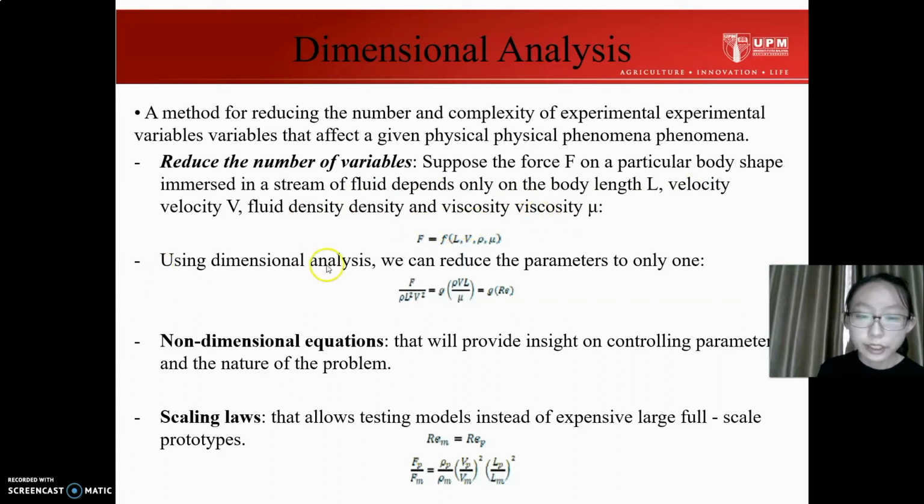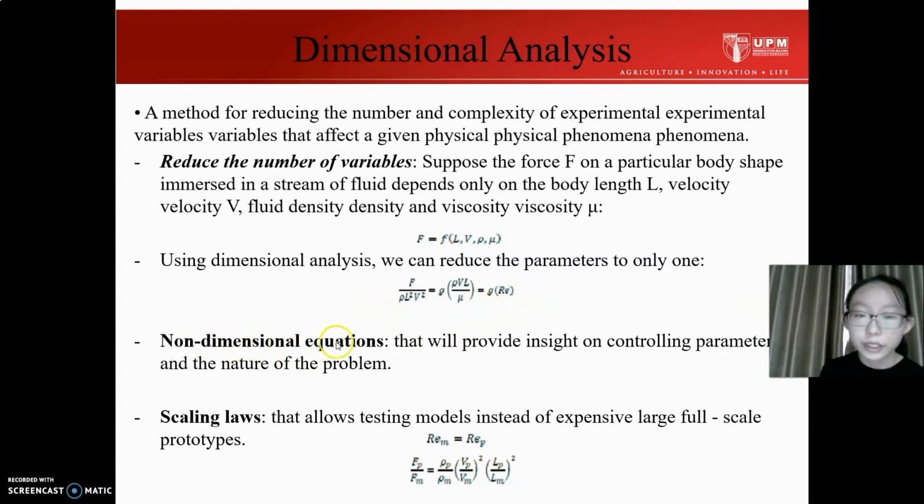So, using dimensional analysis, we can reduce the parameters to only one. F over the fluid density times length squared times V squared is equal to a function of density times velocity times length over viscosity, which is Re.